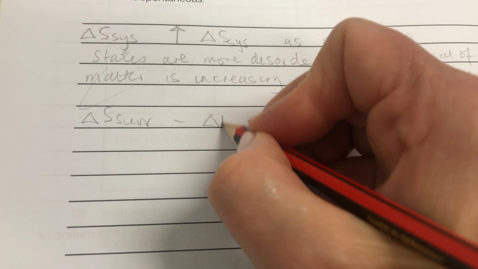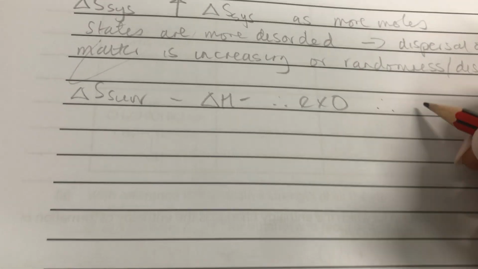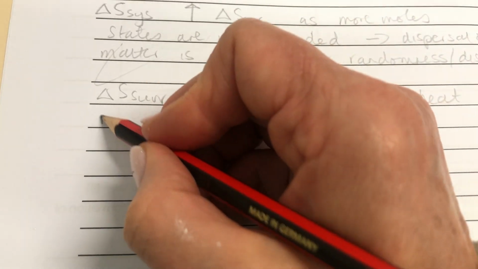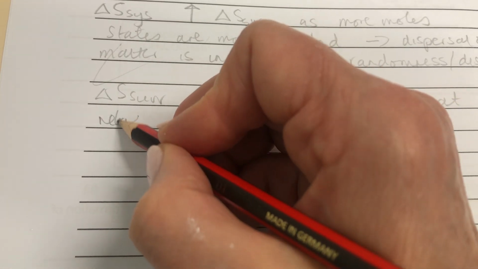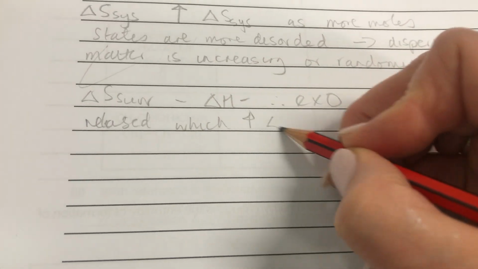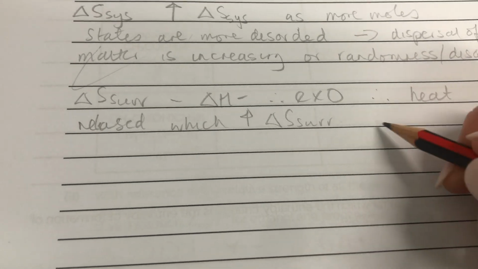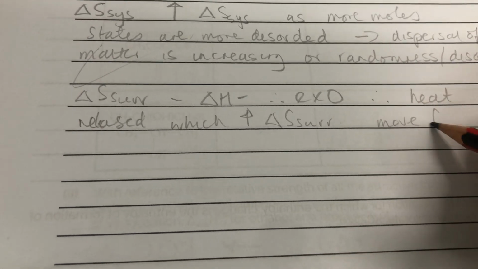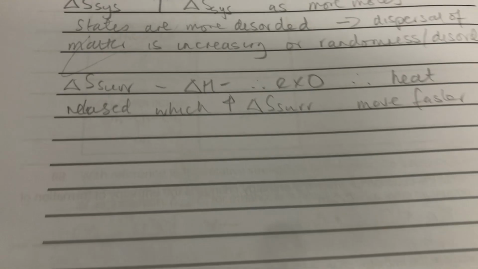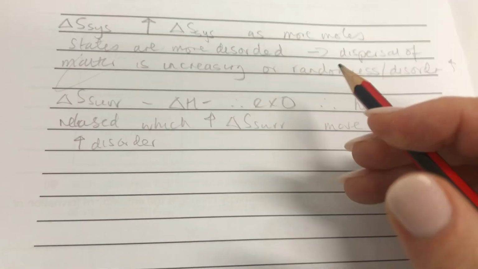So we need to say delta H negative, therefore exo, therefore heat is released, which increases the entropy of the surroundings. And that's by making the surrounding particles move faster. That'll be your air or your water, and that's going to increase disorder in those particles.